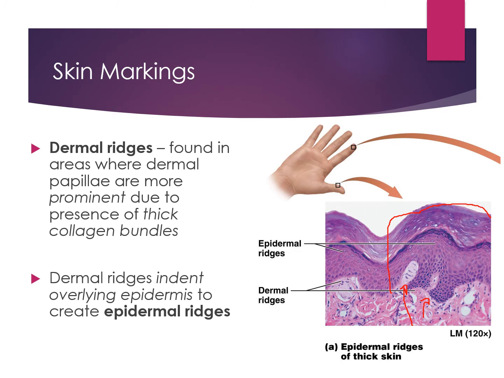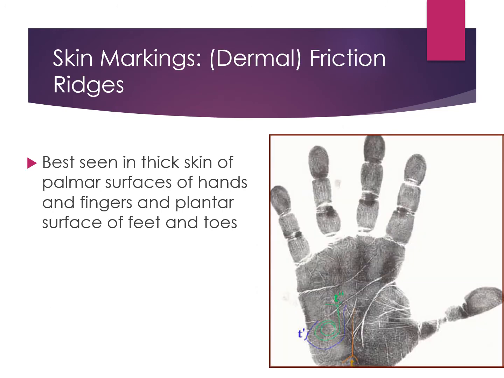These ridges cause indentations in the overlying epidermis to create epidermal ridges. Epidermal ridges are raised portions of the epidermis that are usually thicker and more complex than normal skin. Collectively, epidermal ridges are called friction ridges.